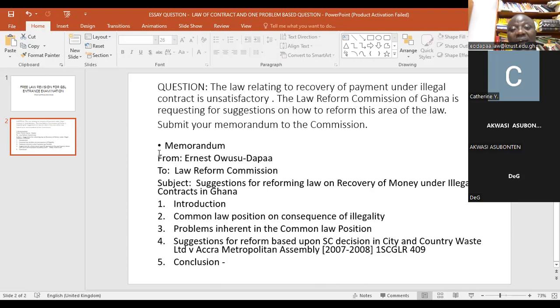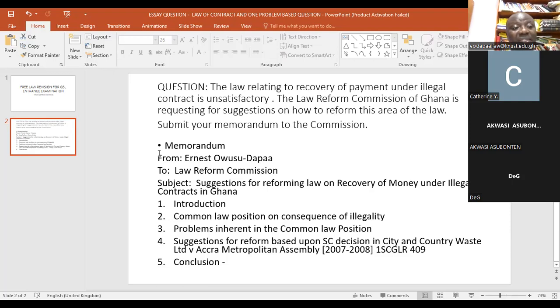For example, assuming that you have a question like this, that you are supposed to send a memorandum to the commission, that is the Law Reform Commission of Ghana. Typically, if you are doing a memorandum, you have this format: memo or memorandum, who is writing, you put your name there from, and then who is the intended recipient or addressee or the audience, so the Law Reform Commission.